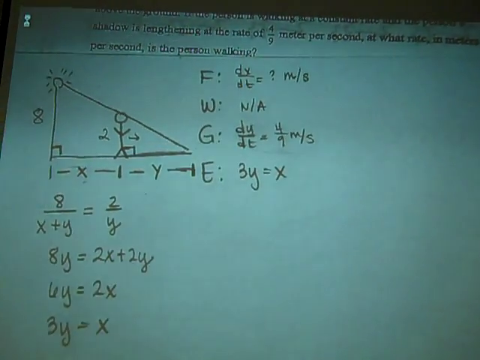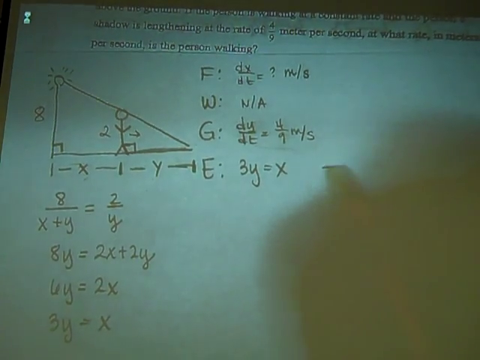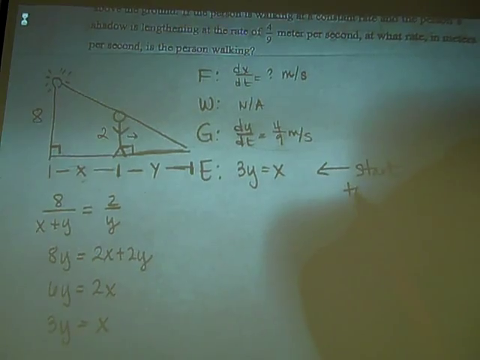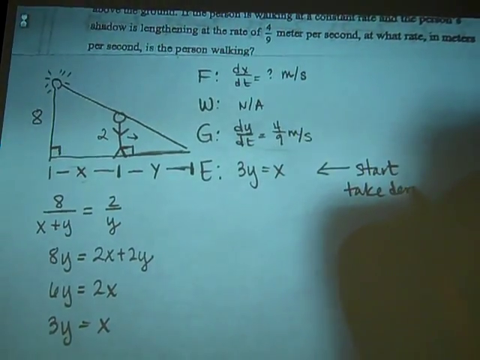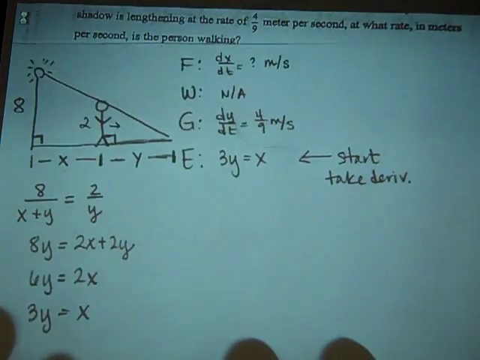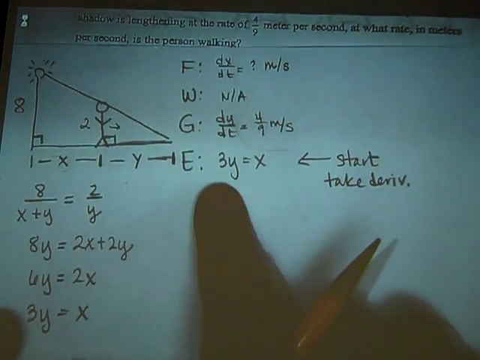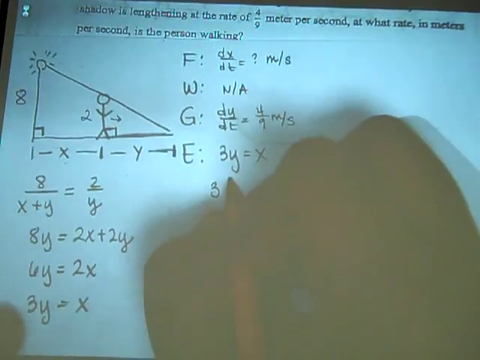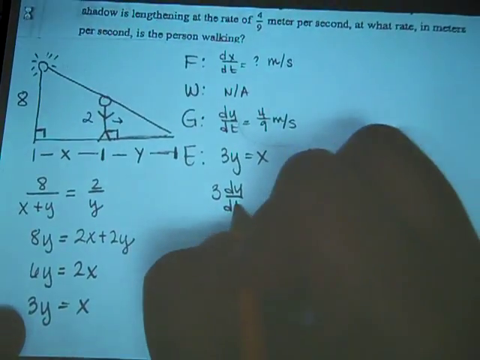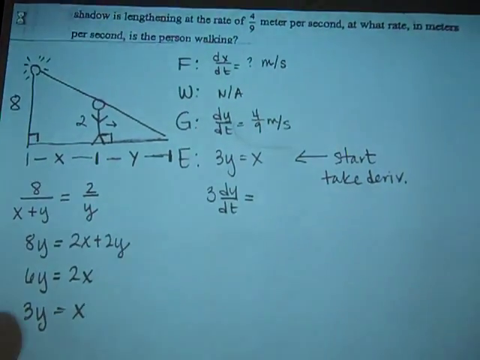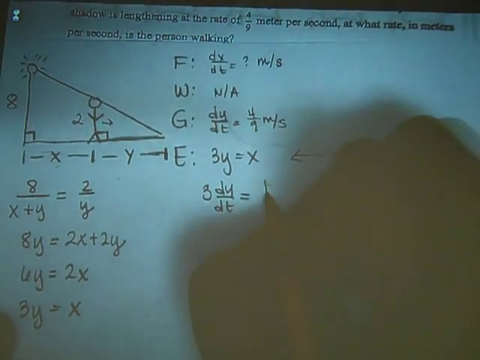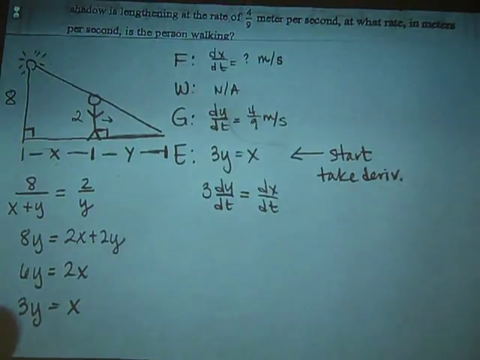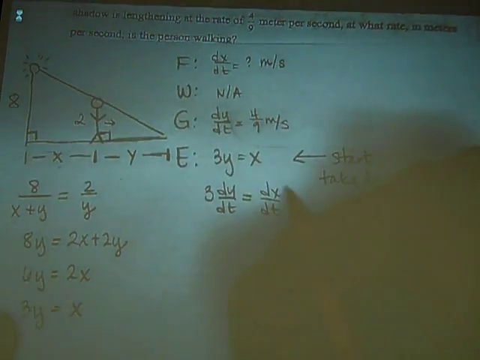All right, we have our equation. That's our starting point. We're going to take the derivative of everything with respect to time. So the derivative of 3y is 3 dy/dt, and the derivative of x is dx/dt. What am I looking for? dx/dt.